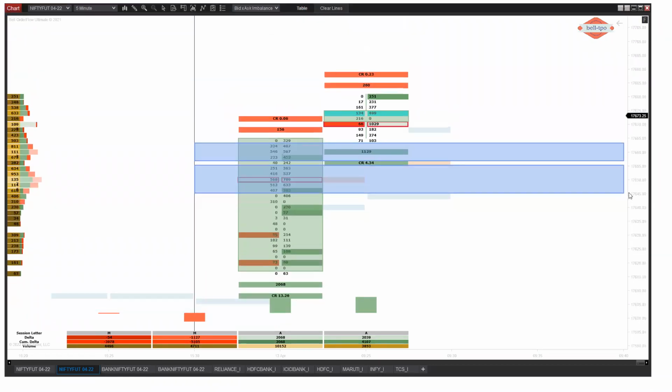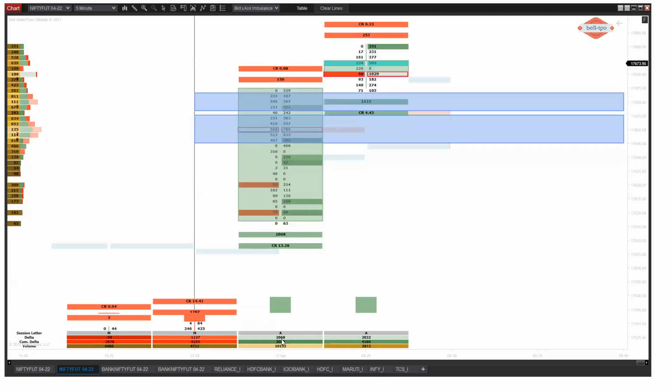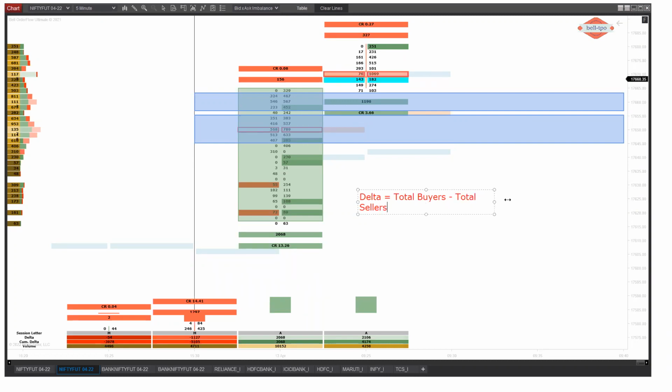Now, what I can see from here is the delta value. Delta is a metric which talks about total buyers minus total sellers. So what does that actually mean?